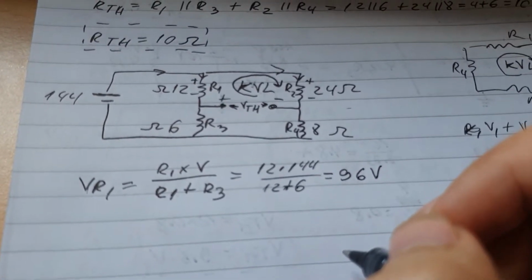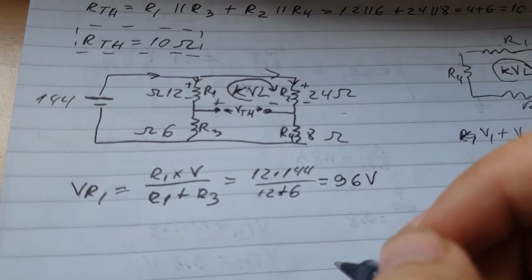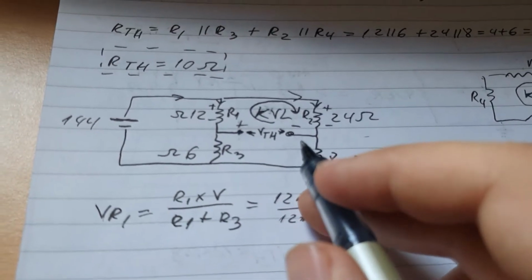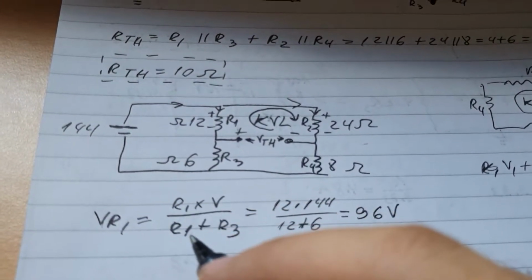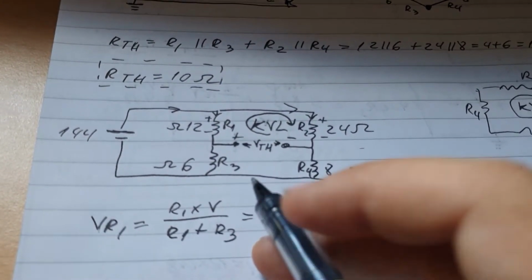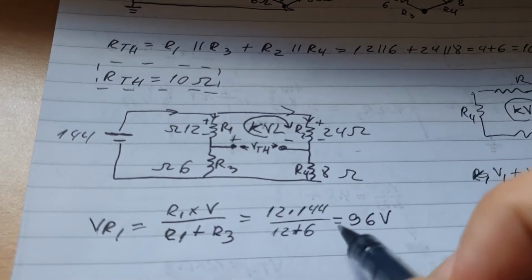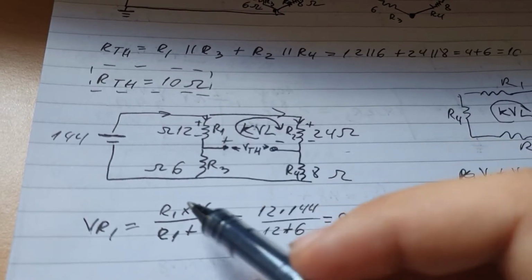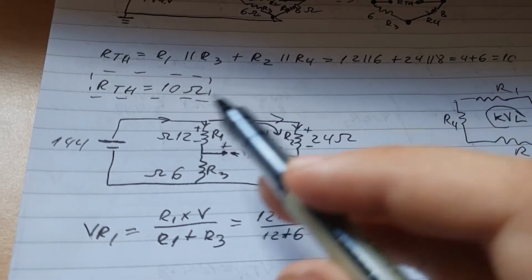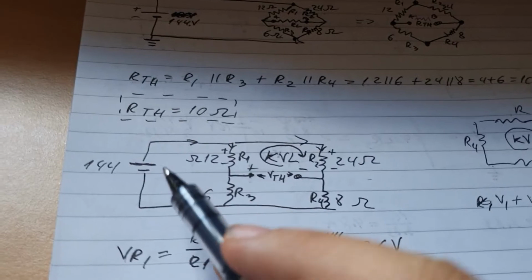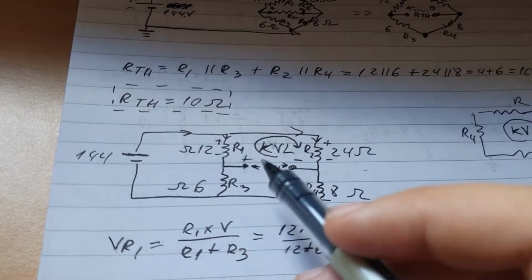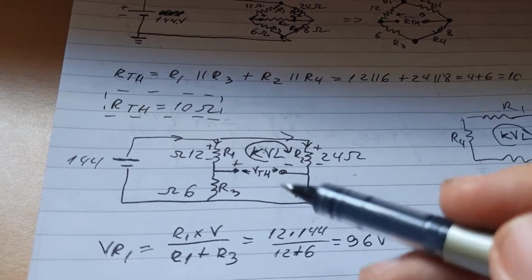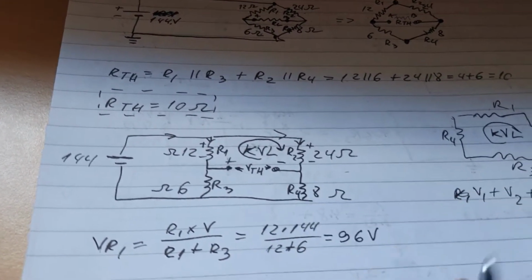Okay, this might be a bit complicated, but it's easier than calculating the long way. You can either apply this formula and quickly find out the voltage inside R1, or you can go the long way, which is calculating the total resistance, then dividing the voltage by it, and then separating the currents, and then finding the voltage inside the resistance.